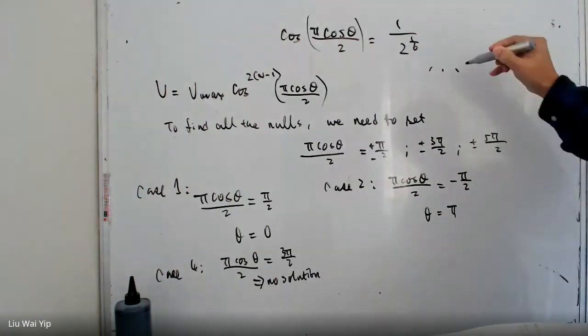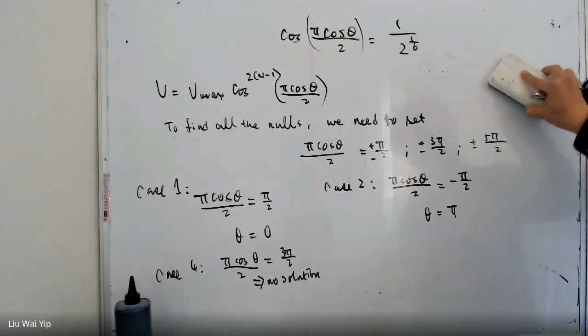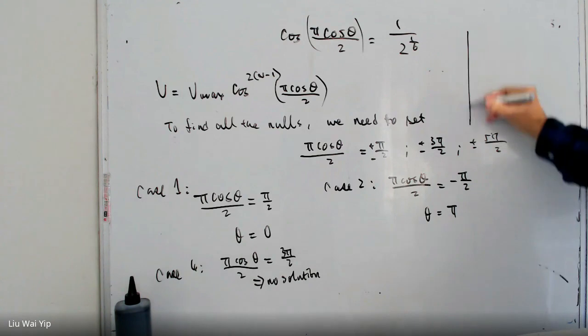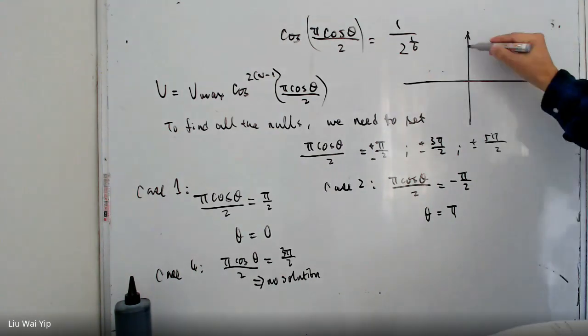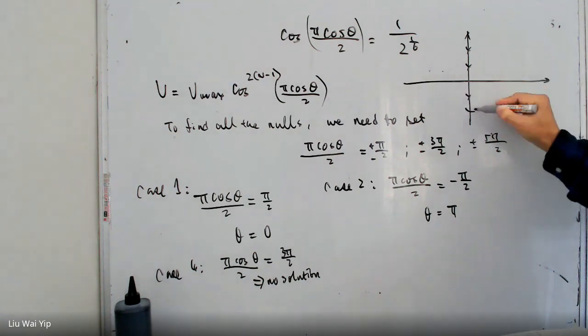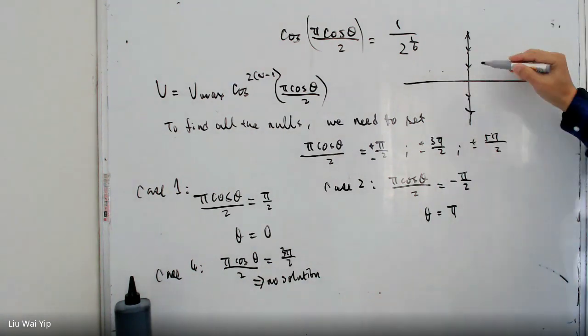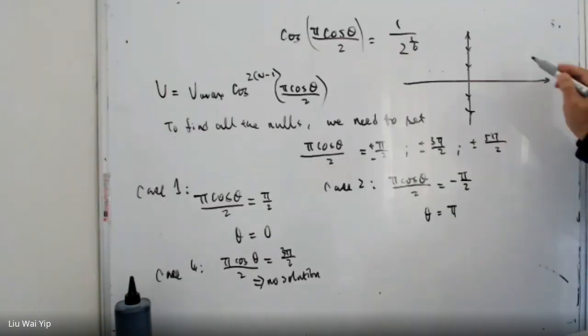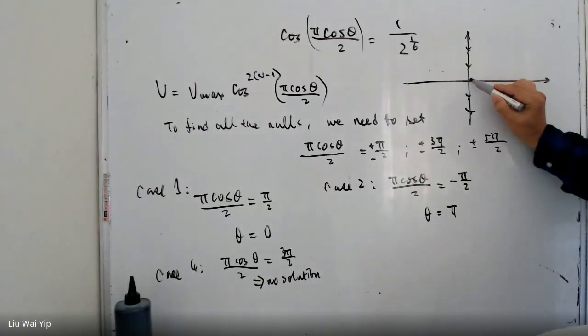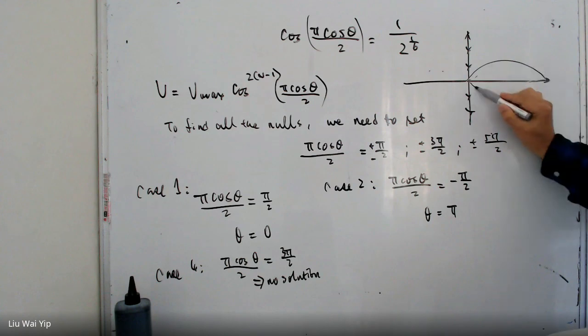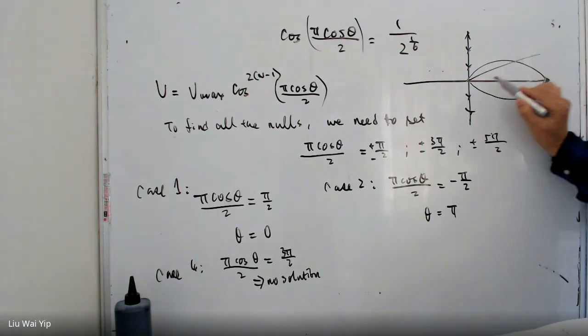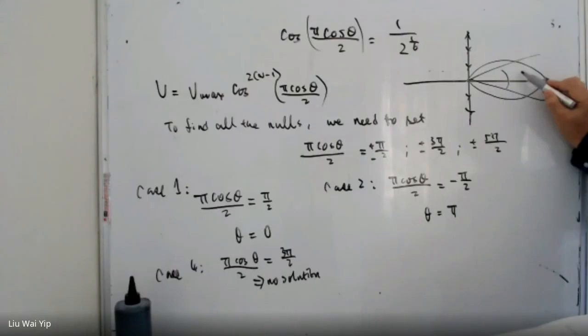So this means if you have a binomial array along the z-axis, then according to what we have got here, the half power beamwidth is somewhere in here, 34 degrees.